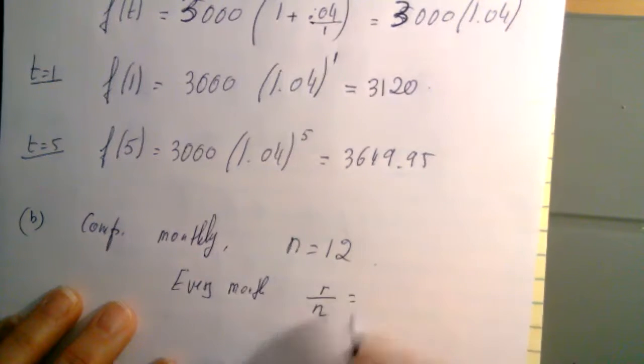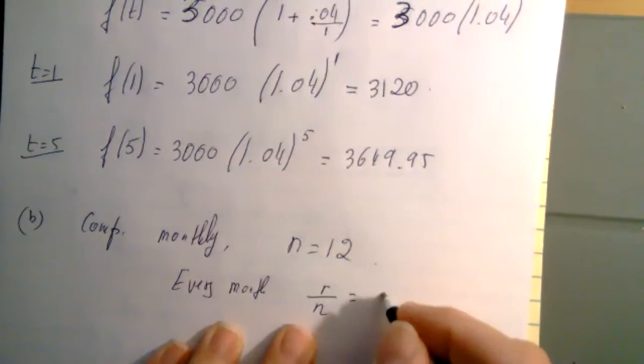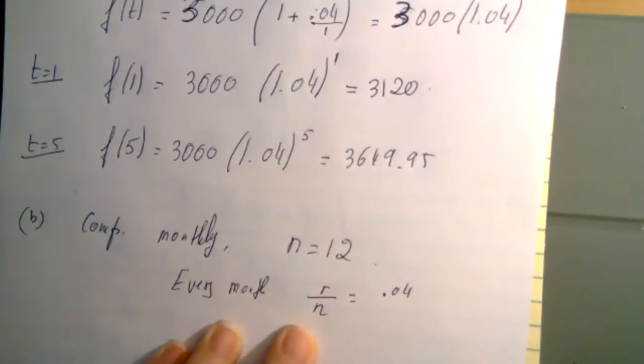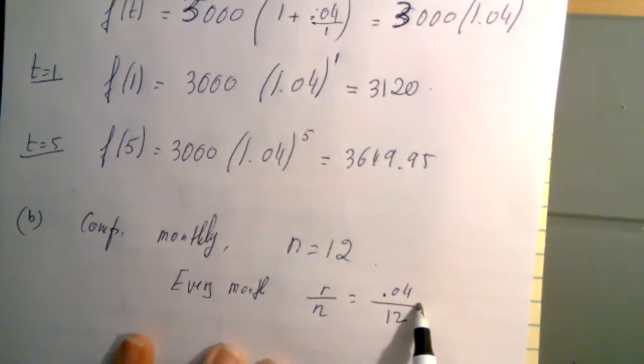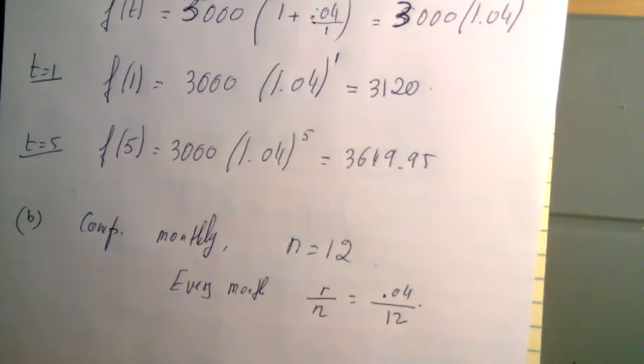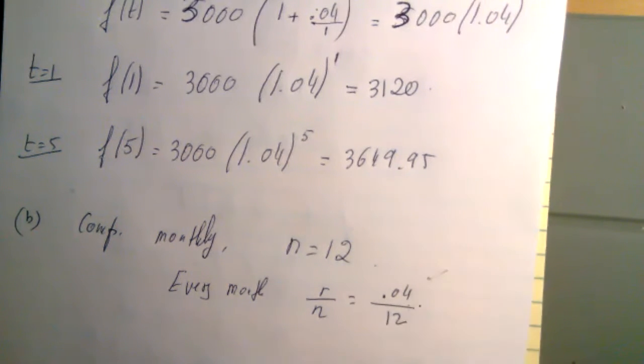What is the R in this case? I'm going to write R immediately in decimal, otherwise it's confusing for us. Over 12. That's how much interest they give you every month. So you put in your money. After 1 month, they give you that much interest on your money. If you want to cash your money, you can, and you're going to get interest on it.